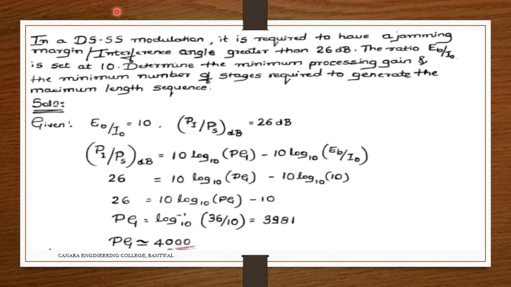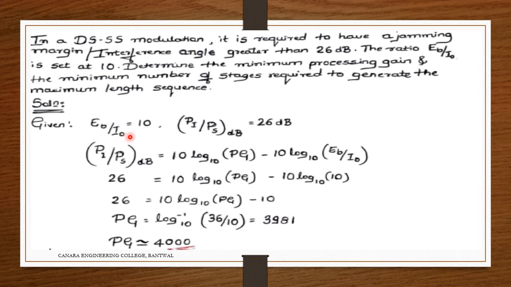Next one, in a direct sequence spread spectrum modulation, it is required to have a jamming margin or an interference margin greater than 26 decibels. The ratio Eb by I0 is set at 10. Determine the minimum processing gain and the minimum number of stages required to generate the maximum length sequence.